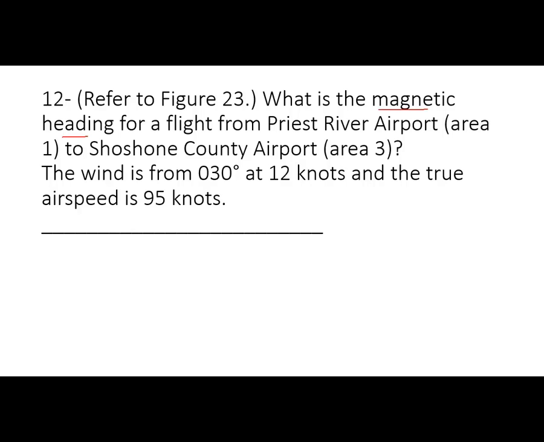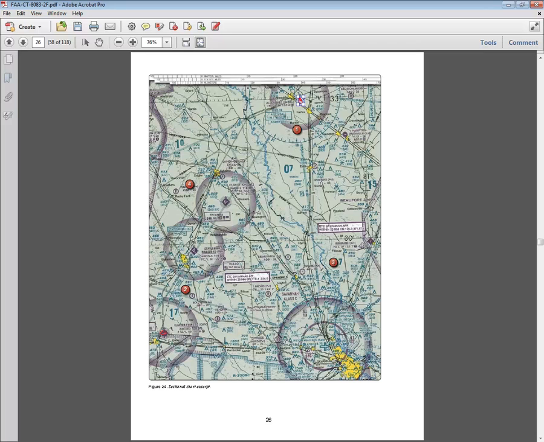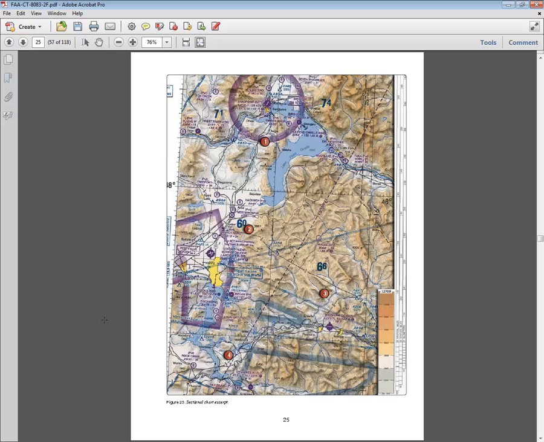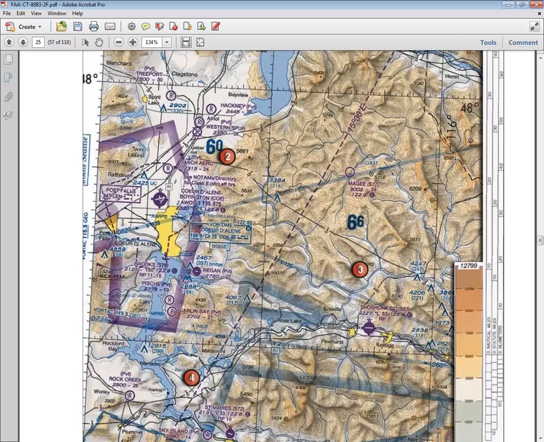So let's bring up figure 23. This time we're looking from Priest River, which is in Area 1 right here, and we're going to Shoshone County, which is in Area 3 down here.